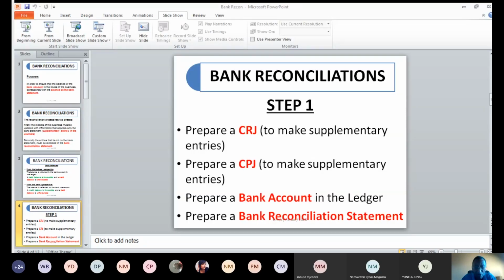So the first scenario there is, if the amount in the cash payments journal is too much, you were only supposed to record 1,500 for a check. However, you recorded 1,800 Rand. Then you recorded 300 Rand too much in your cash payments journal. To rectify that error, the difference, which is 300 Rand now in my example, you record that in your cash receipts journal then. That will then be a correction of error.